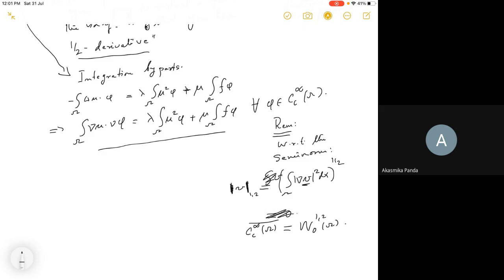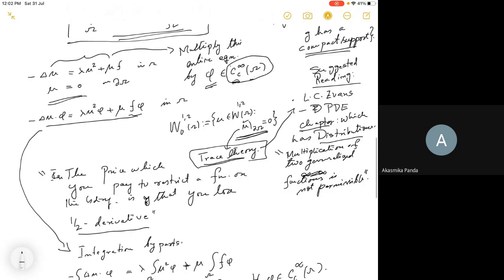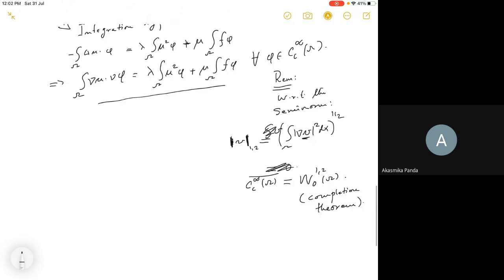And again, here we have used what is called the completion theorem. Not many things I have been doing all this while. Whatever I have written down is all symbolic, but there are two key things which I have used, namely the completion theorem and how I am applying it. These are the only two things which have been used till now.